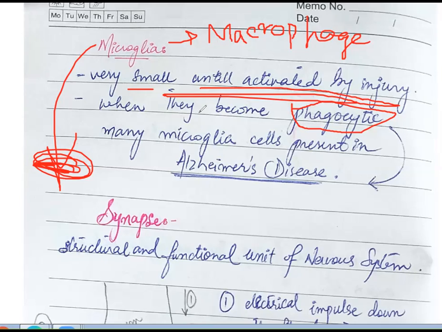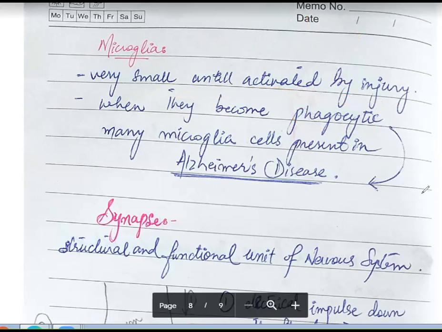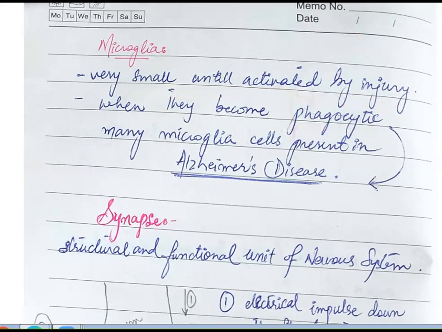So in the biopsies, you can see lots of microglia in that particular case. So I guess for today, we have studied these cells and also the main portions.